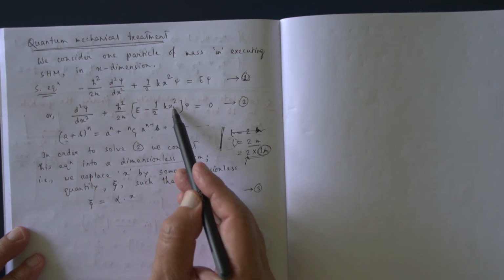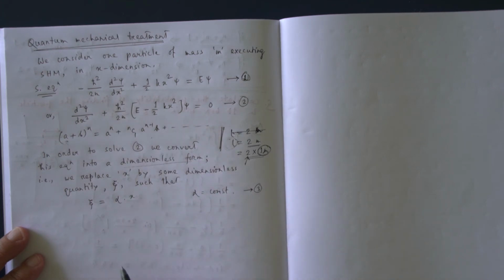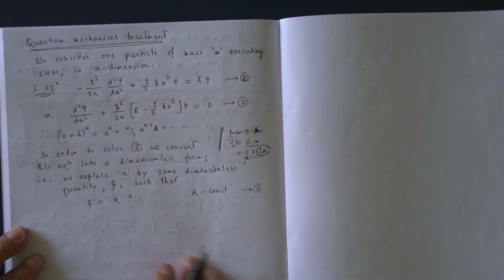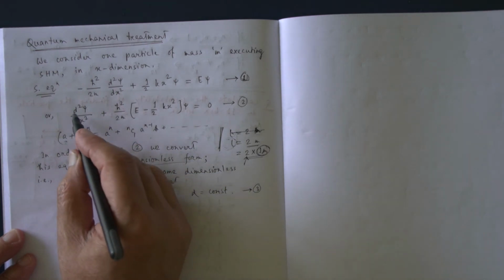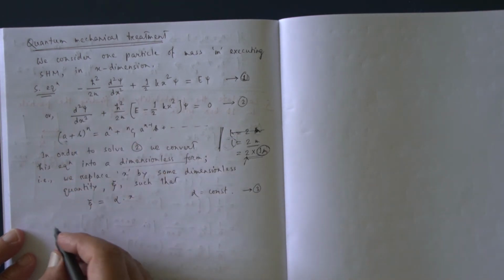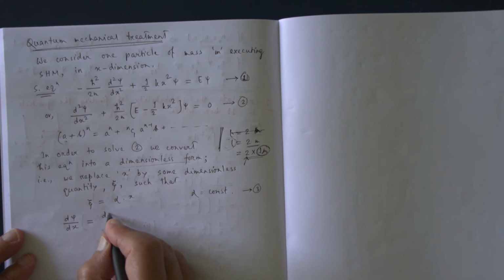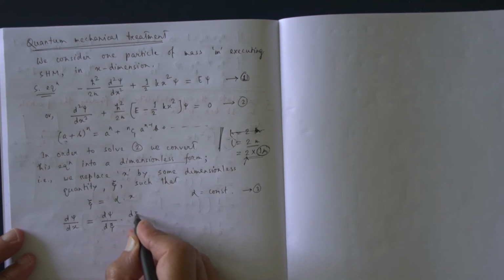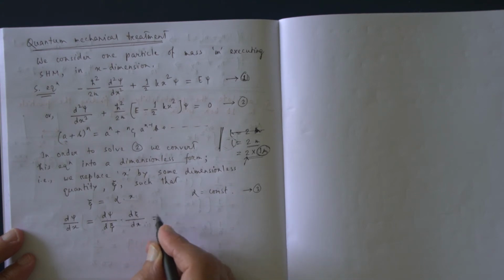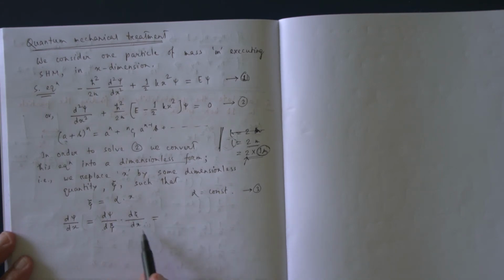Similarly here also, x is to be replaced by xi. So how to do that? We have d2 psi by dx square. We write d psi by dx as d psi by d xi into d xi by dx; d xi cancels, so we get this.